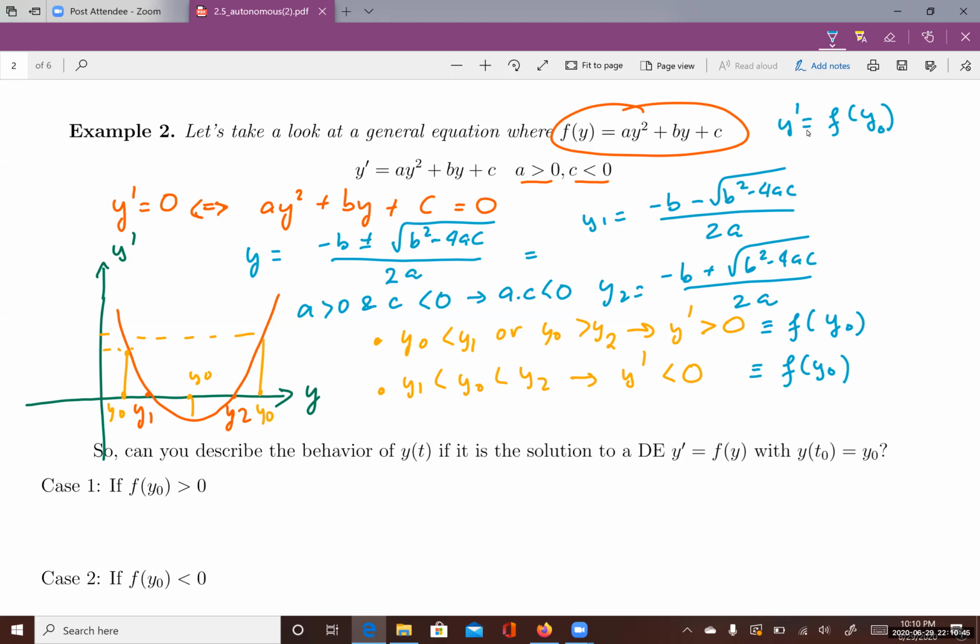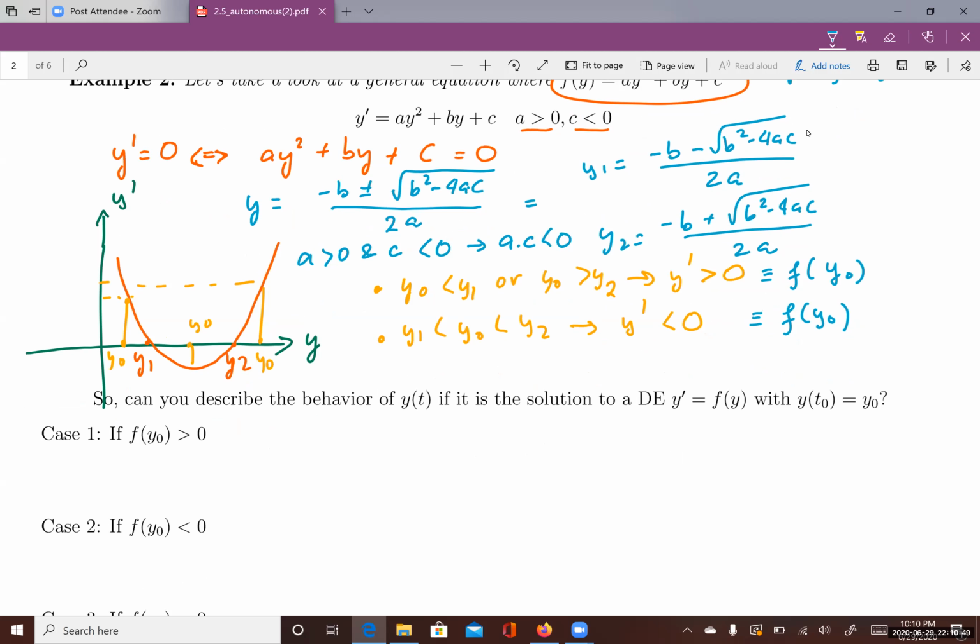So from these observations, the relation between y and y prime is actually just the function f of y. How can we describe the behavior of the solution curve y of t of an autonomous equation with an initial value y0?